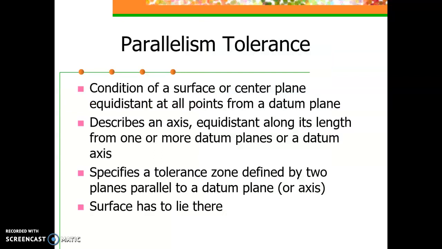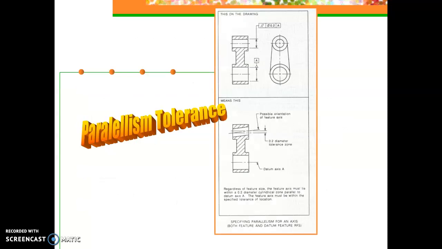Parallelism is another orientation geometric tolerance. And so, again, it works in a similar way. We have to establish some sort of datum by which we are comparing. So in this case, datum A is the surface of this bottom hole. And what we're saying is the top hole needs to be parallel to the bottom one.